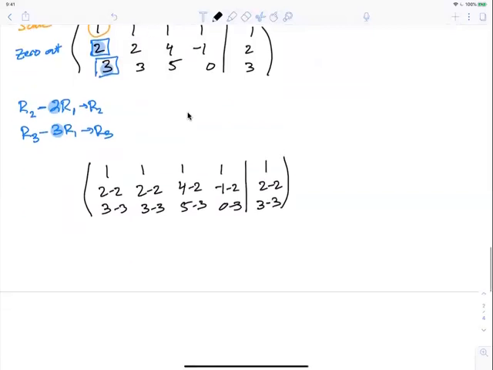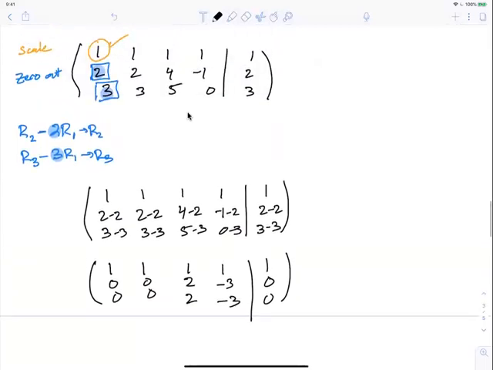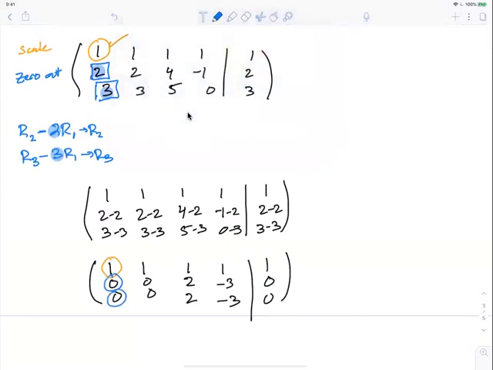All right, so now what do we get after that? We get 1, 0, 0, 1, 0, 0, 1, 2, 2, 1 minus 3 minus 3, and 1, 0, 0. Okay, so notice now we've got our one pivot, we got our one where we want it, and we got our zeros below it.